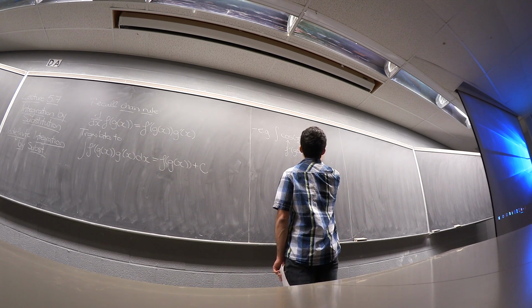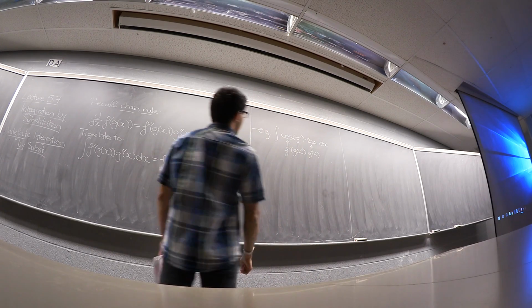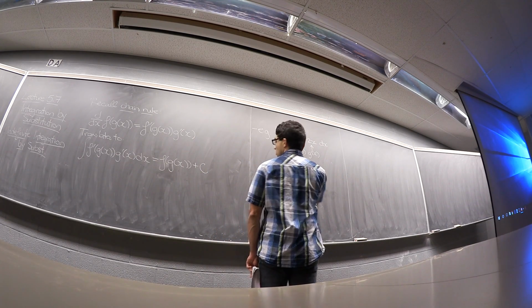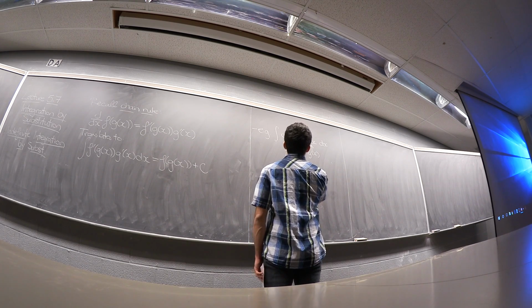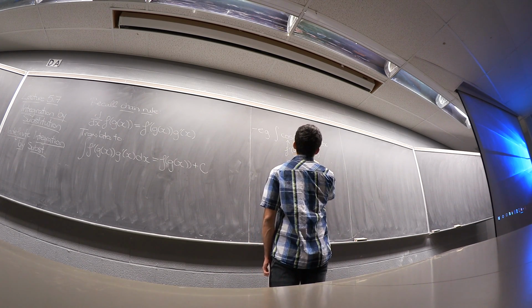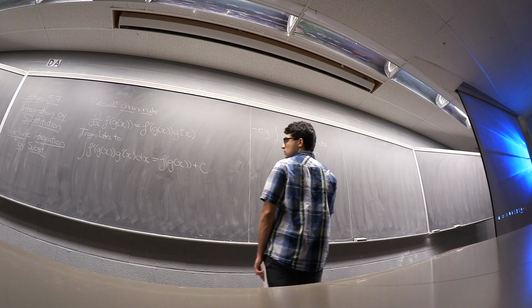That's g prime of x. And there you go. That looks like that. And so the general antiderivative is that.